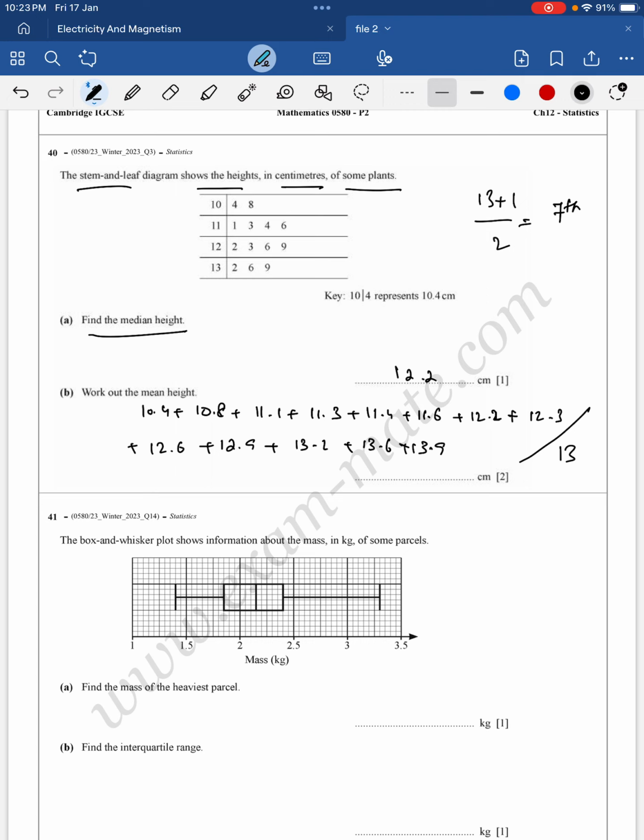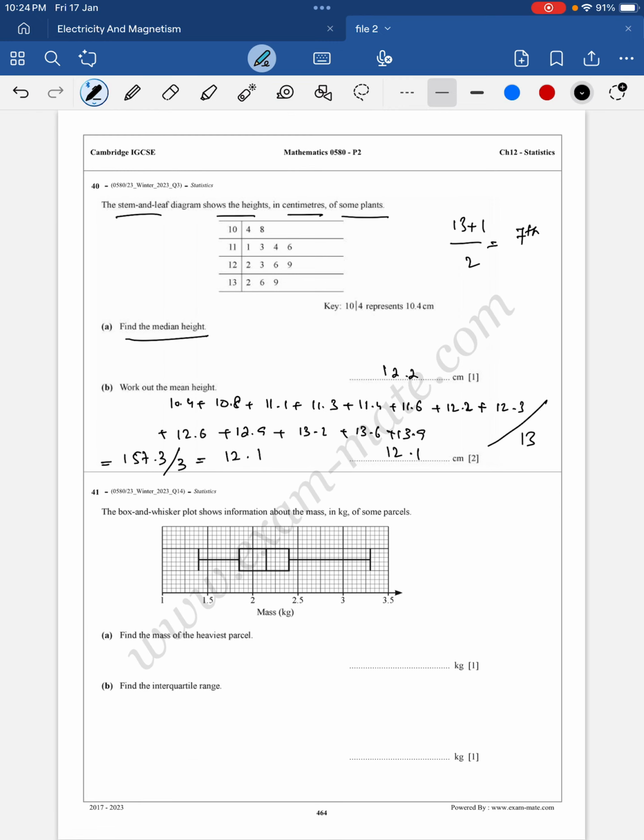That is 157.3. So we have the total 157.3 divided by 13. We have 12.1. That is the mean height.